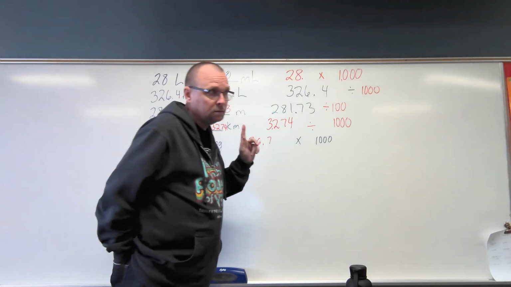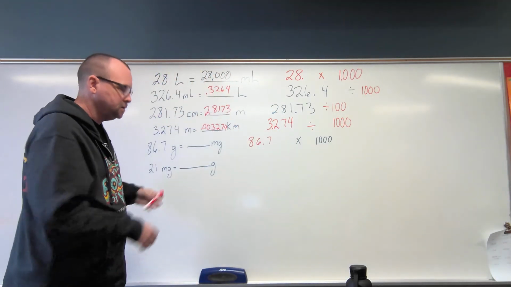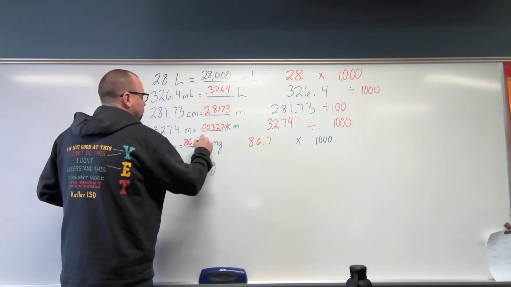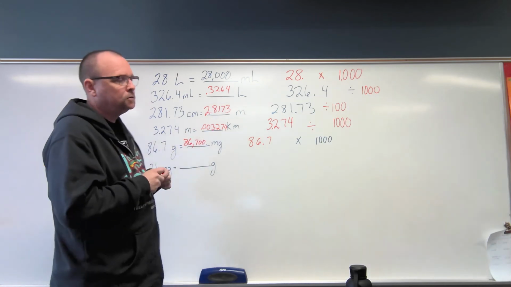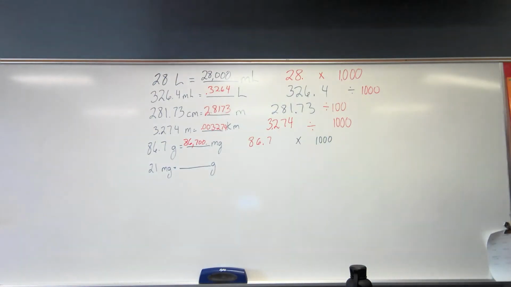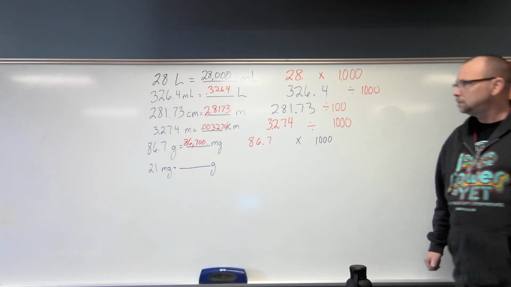A little louder. Good, 86,700. See, now people watching on the tube think you told me the answer. That's why I did it that way. And they're like, man, that Ava, she knows her stuff.